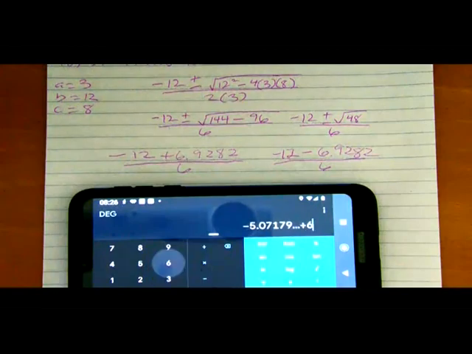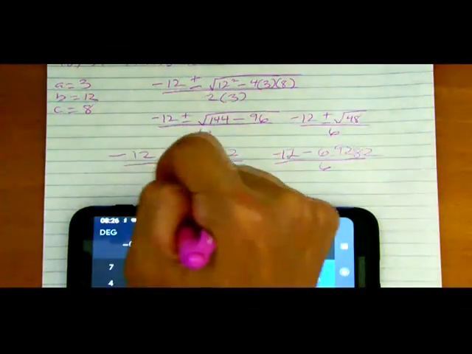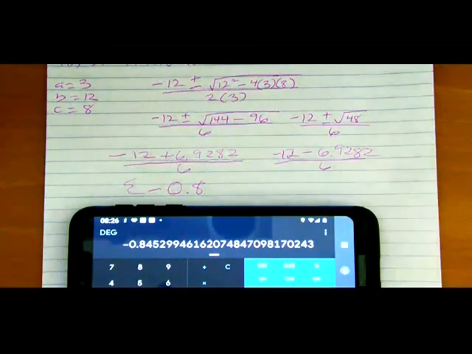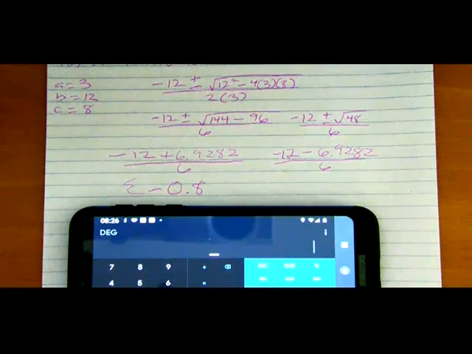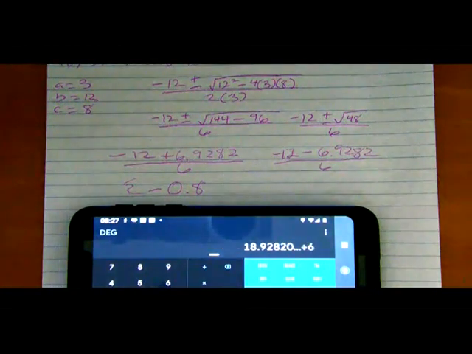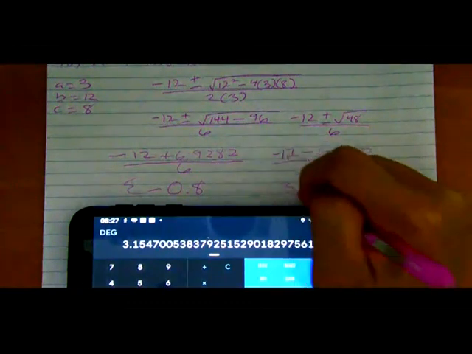Divided by 6, negative 0.8. Do it for the second one. Negative 3.2.